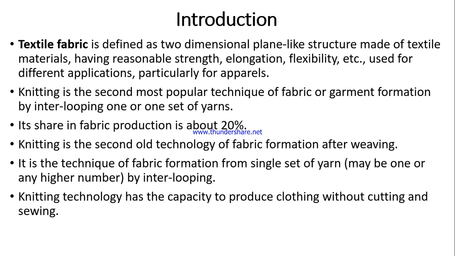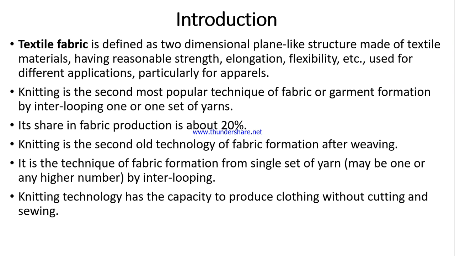As many yarns as there are in the set, that many times the production rate will be obtained from that knitting machine. This is the spectacular advantage. Otherwise you can use a single yarn for the fabric manufacturing, and if you use 10 yarns, then your production rate will be 10 times that of a single yarn. So it is an interlooping technology. I shall discuss later how the interlooping is going on during the knitting.